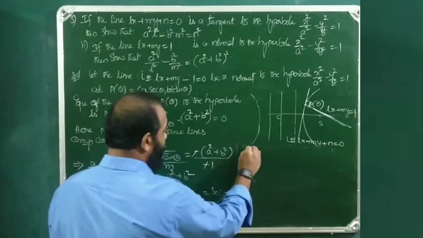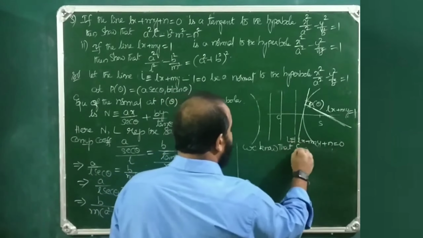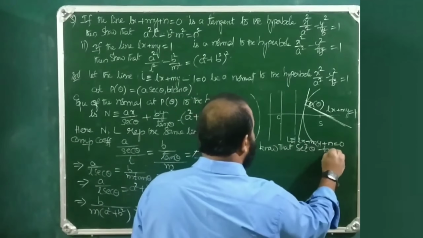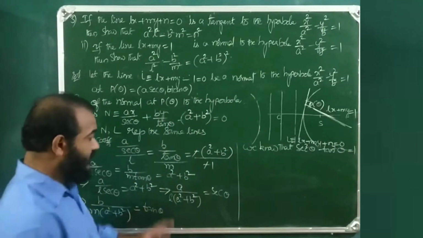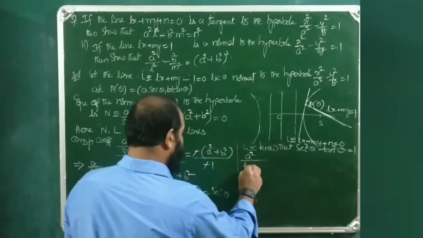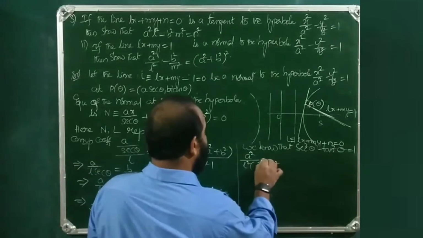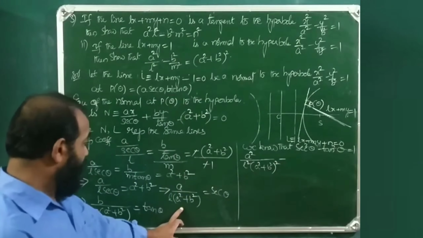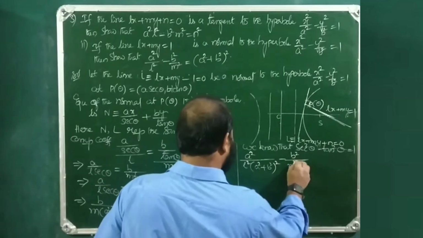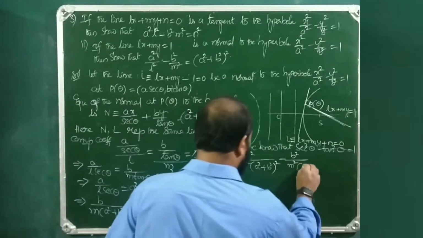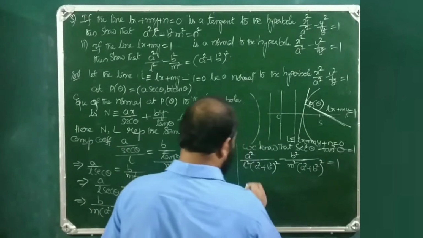So we know that secant square theta minus tan square theta is equal to 1. So secant square theta is a square by L square into (a square plus b square) whole square, minus tan square theta, which is b square by m square into (a square plus b square) whole square, is equal to 1.